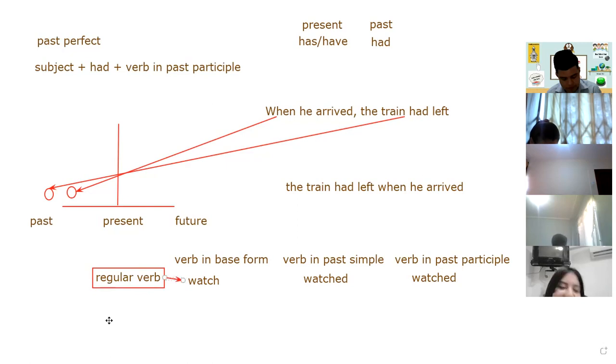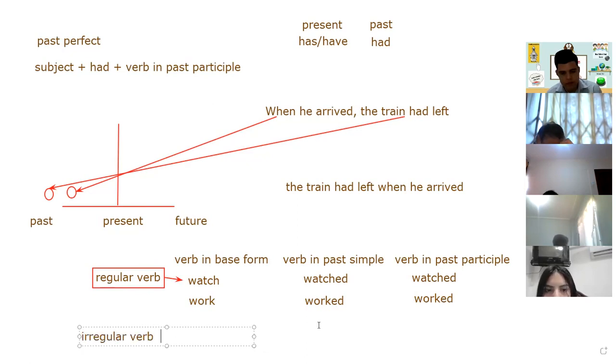It's the same if we use the past of work, worked with ed. Regular verb. If we are using an irregular verb, okay, irregular verb, do, okay? For example, do the homework or do an activity, any activity.